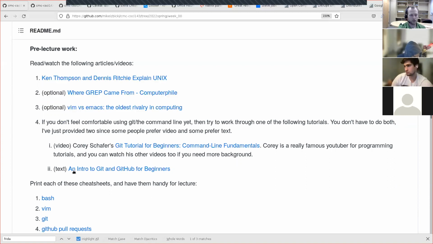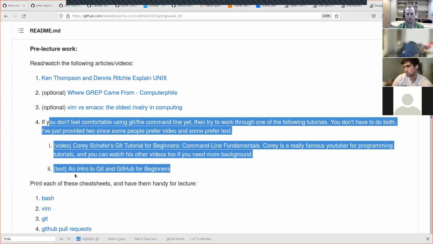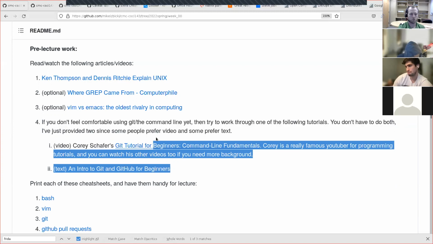This material right here is in particular for the people who did not take CS46 with me, or if you just don't feel comfortable with Git for whatever reason. This is some material to review that will help you review Git and the terminal.